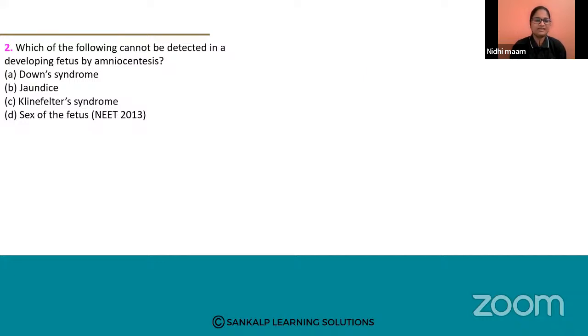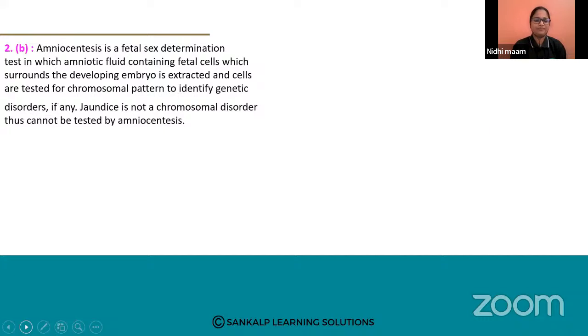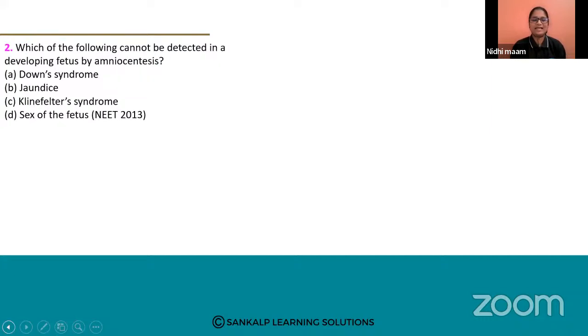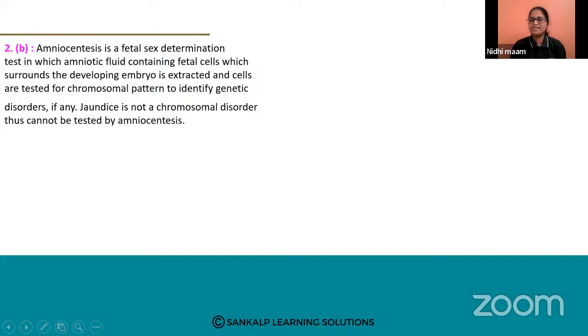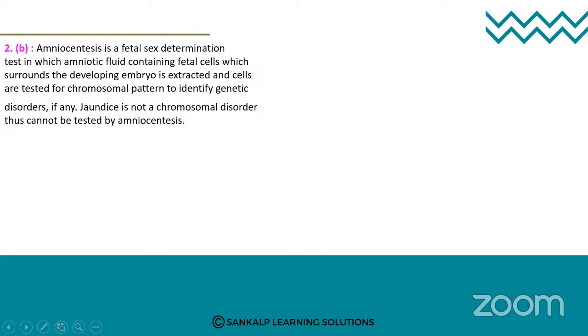Let us check the answer here. Option B, that is jaundice, is the right answer. Why? Yes, Anita, can you read the slide? Yes, ma'am. Amniocentesis is a fetal sex determination test in which amniotic fluid containing fetal cells, which surrounds the developing embryo, is extracted and the cells are tested for a chromosomal pattern to identify genetic disorders, if any.